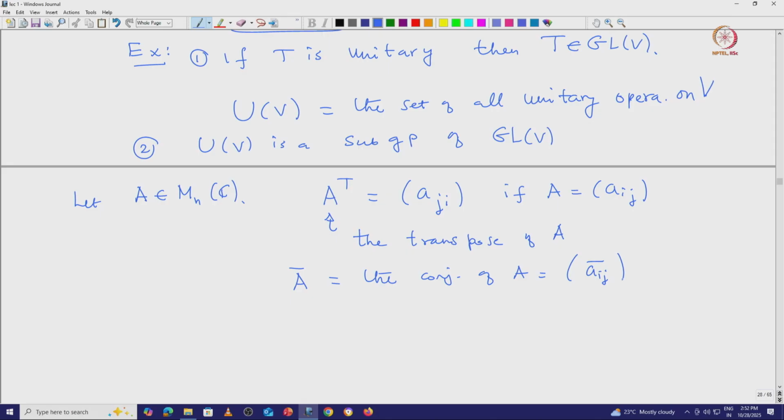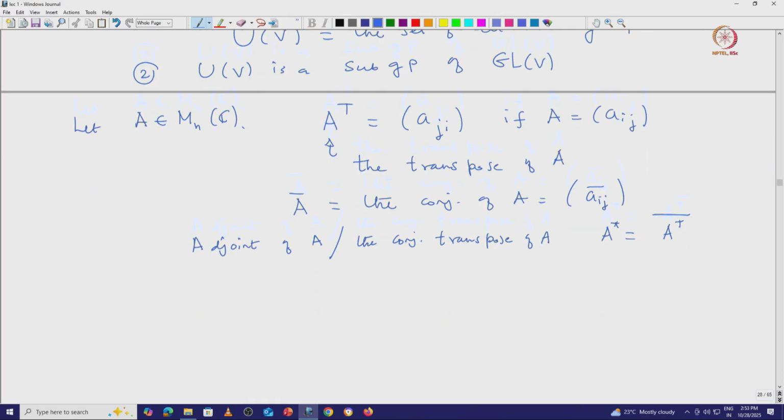Now the adjoint of A, or the conjugate transpose of A, is denoted by A star and defined by taking A transpose and then its conjugate.